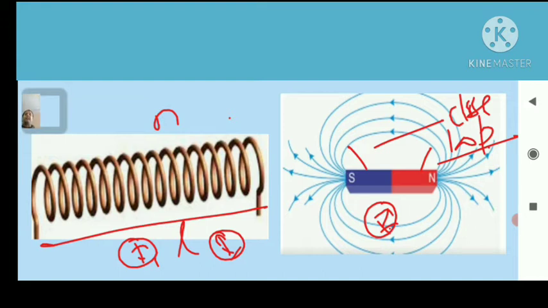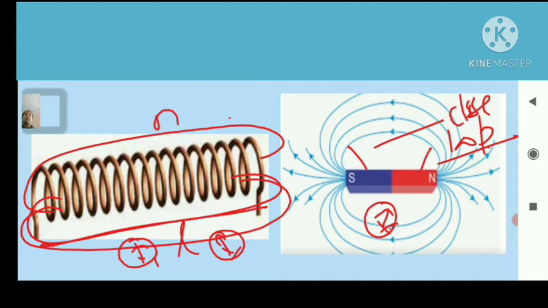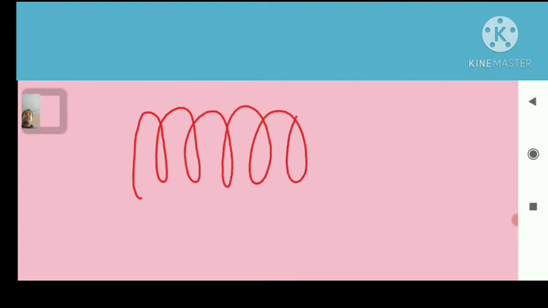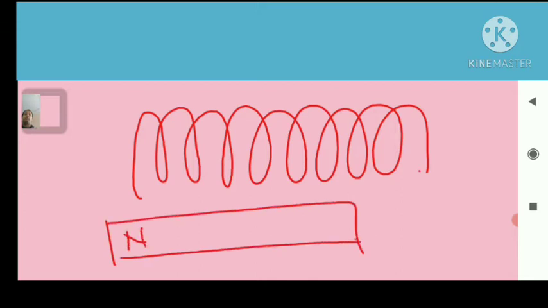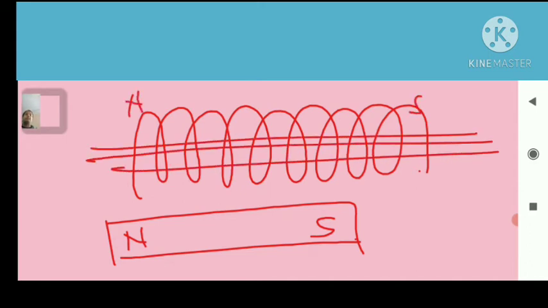This shows that the magnetic field lines around this solenoid and this bar magnet are similar. Here is the diagram of the solenoid, and this is a bar magnet with north pole and south pole and the magnetic lines of force.